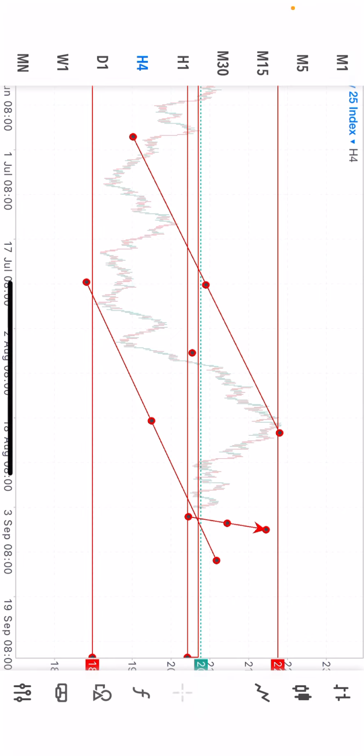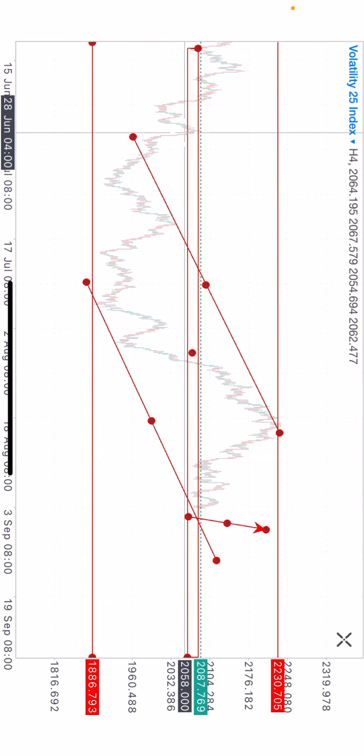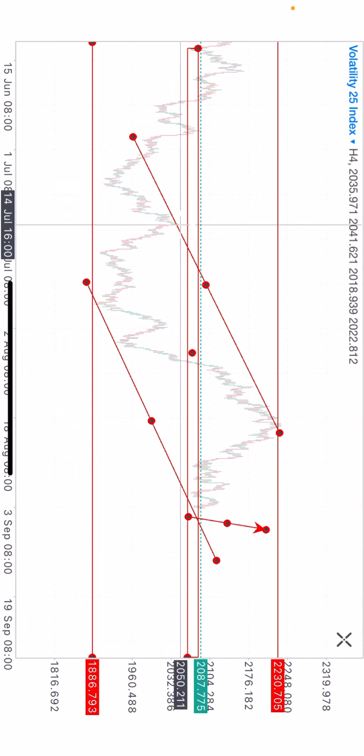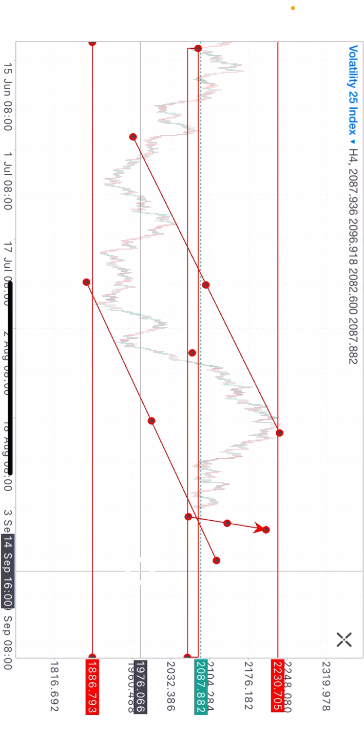You can see that price was reacting each and every time we reached this zone. It was bouncing. It was bouncing here. It bounced again. It bounced here. Again here. Here it made a breakout, and here it kept on bouncing. So from the two confirmations that we have so far, price is probably going to try and push up.